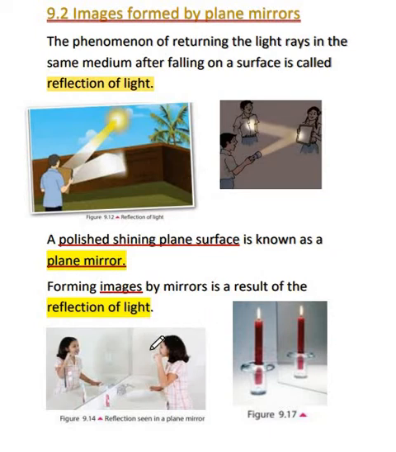When light falls on this person and this human reflects the light, and at the same time light falls on the mirror, there the light is reflected towards your eye. So when light falls on you, it's reflected onto the mirror which shows your image, and when the light falling on the mirror reflects towards your eye, you can see the image.